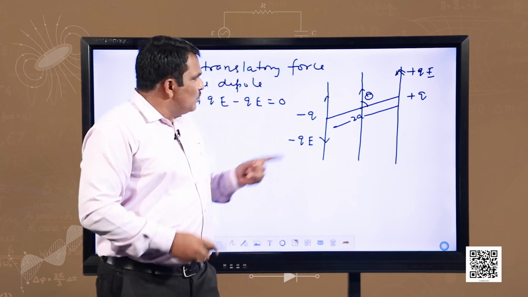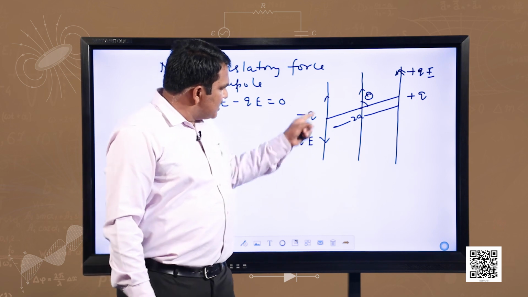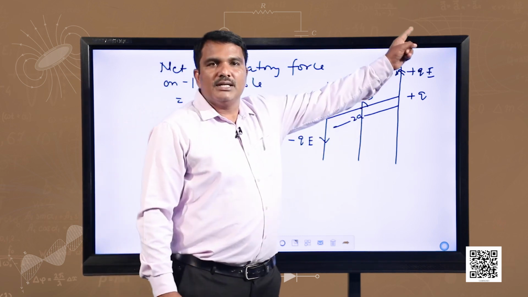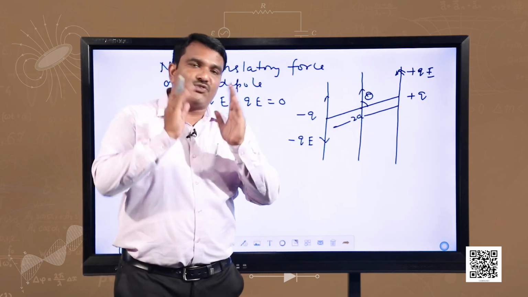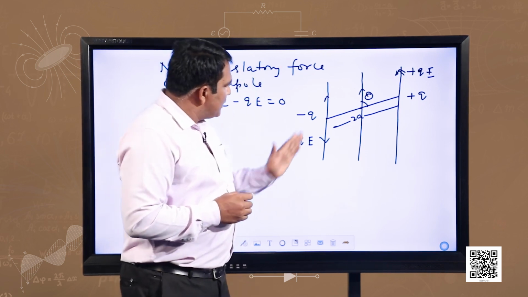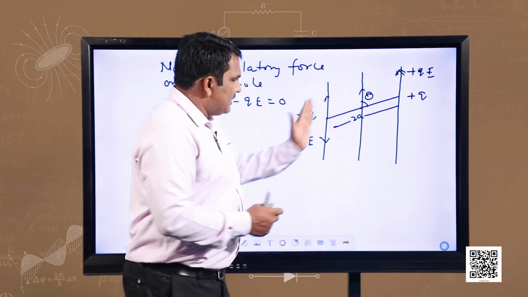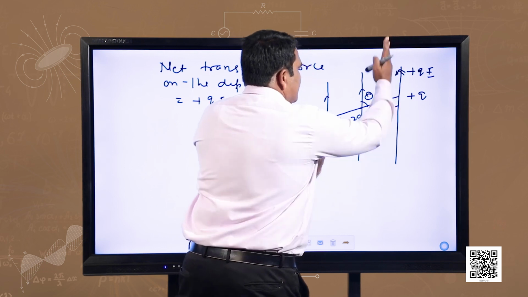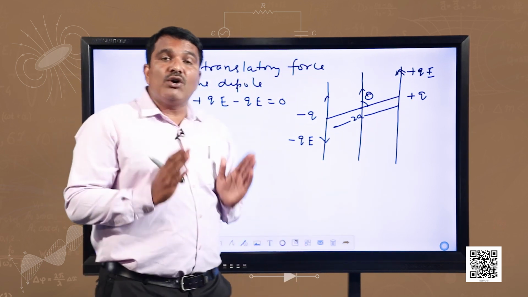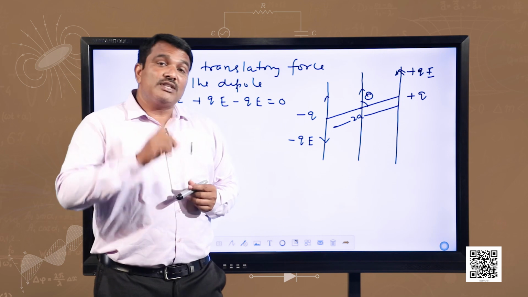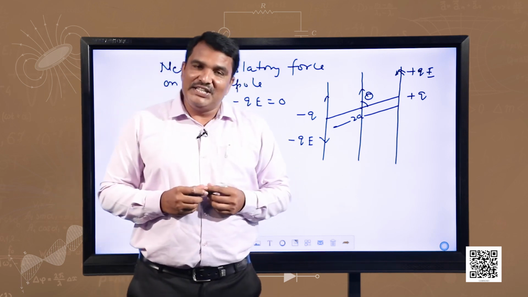Now, you can clearly observe that this minus qE and plus qE are two equal and opposite forces acting along different lines of action. Because they are acting on different lines of action, they will not cancel out each other.